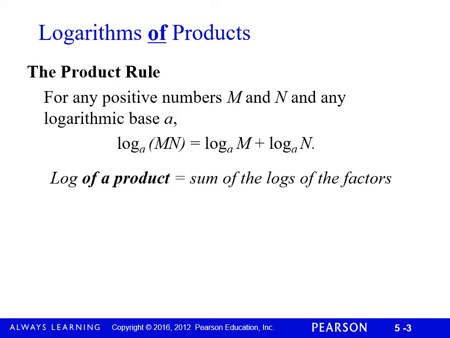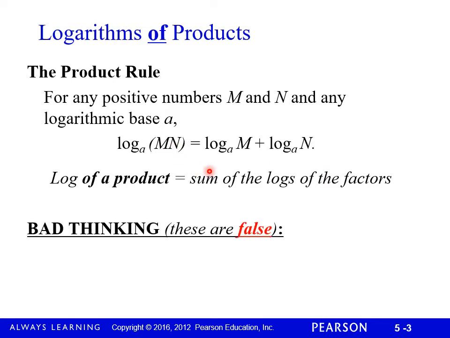And what this is basically saying is that the log of a product equals the sum of the logs of the factors, whatever the product is, the factors of the product.